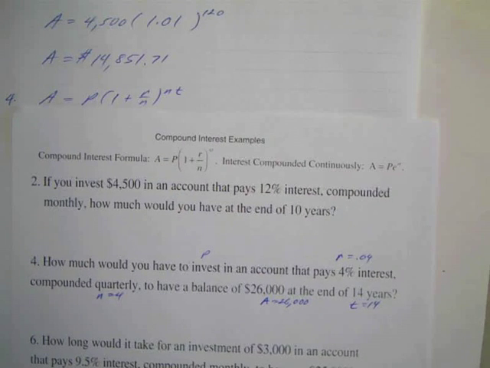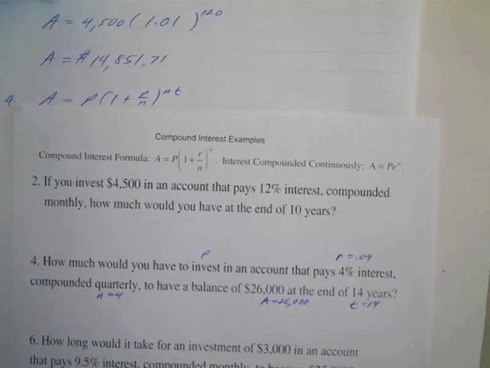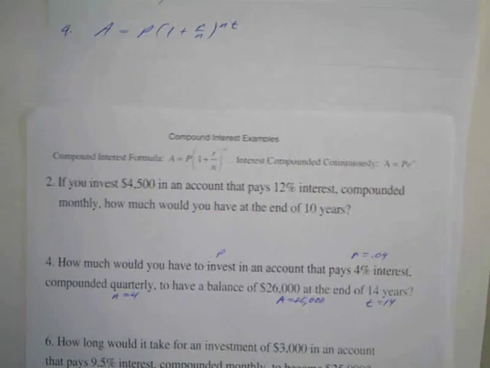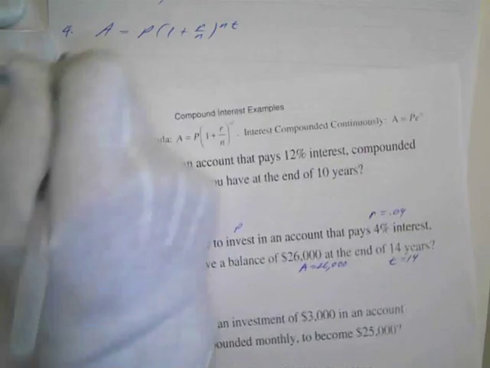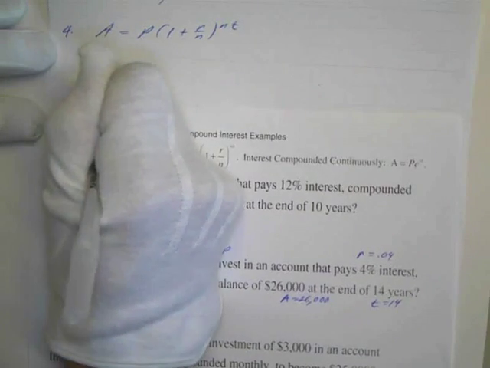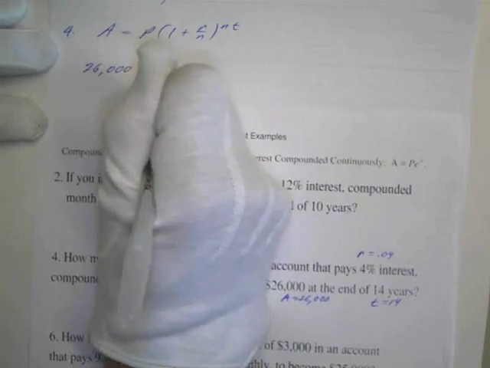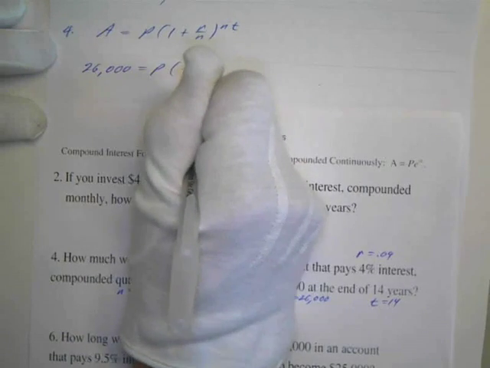If you look at this, we've got everything in our formula except for the principal, so we just put these in the formula and then solve for the principal. So the amount is 2,600, and that equals principal, which is what I'm looking for, times 1 plus.